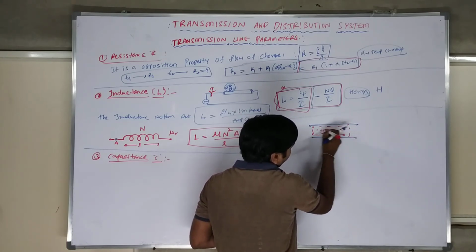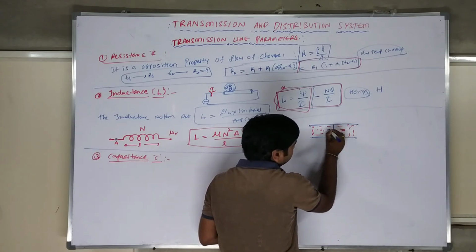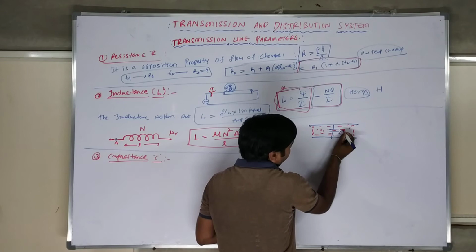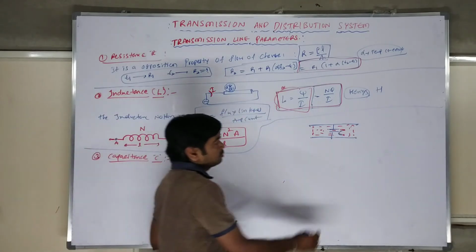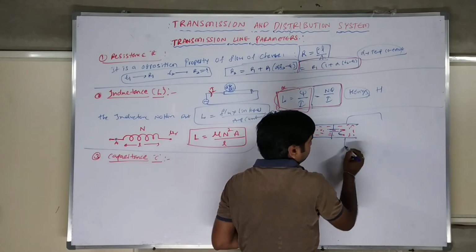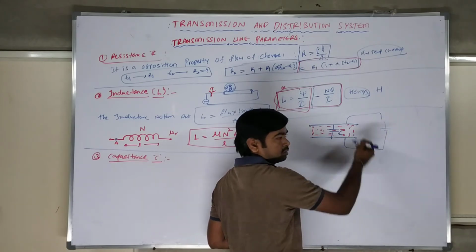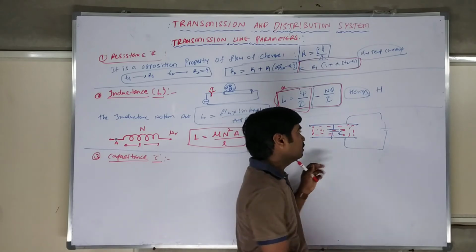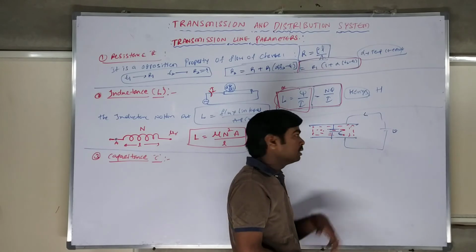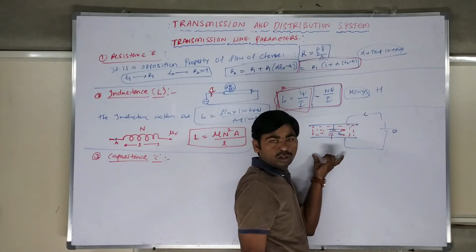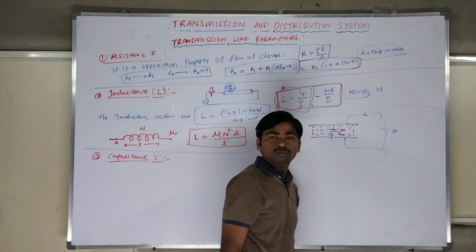Definitely it will possess some capacitance. The moment I provide a DC supply to this, the charge will be stored. Capacitance is how much charge will be held between the two plates when some voltage is applied.